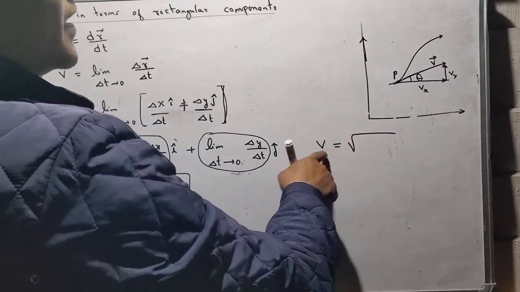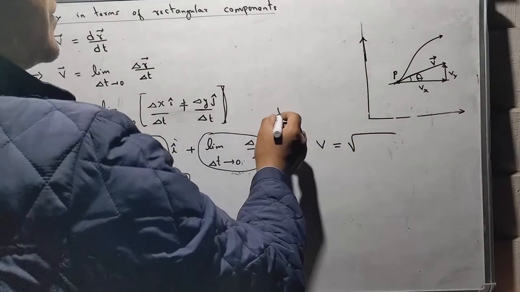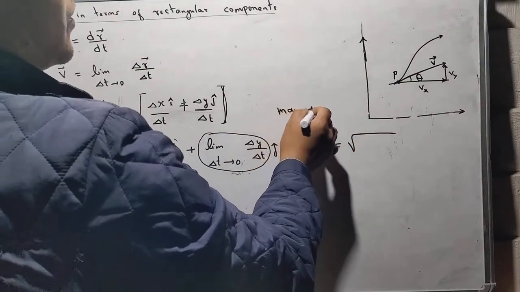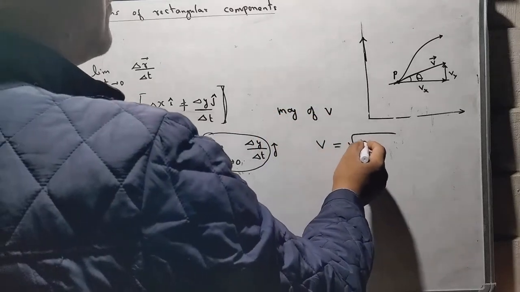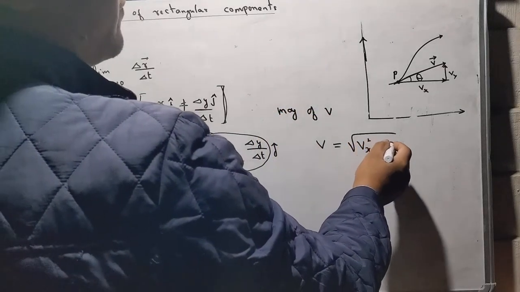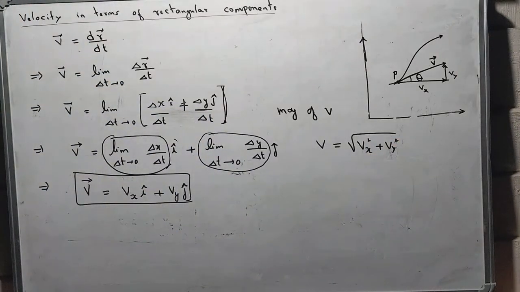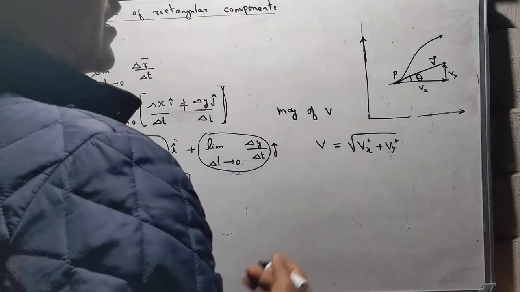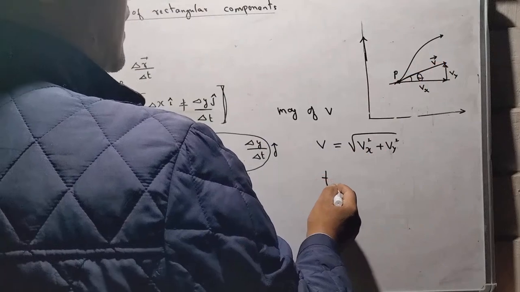When I say v, it means the magnitude of the instantaneous velocity. Let me just write here: the magnitude of instantaneous velocity is v equals square root of vx square plus vy square. Similarly, about the direction, to know the direction of this v, we take tan theta.